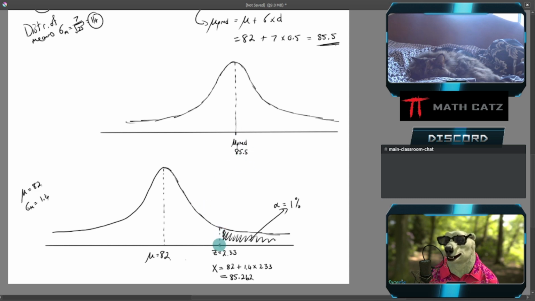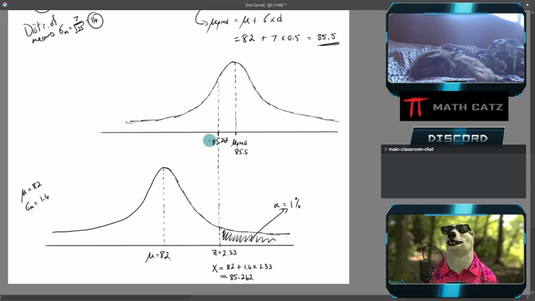So now, what does my 85.26 actually mean in reality? If I follow it all the way up, it sits over here, 85.262. Follow it all the way up. So now let's say this again.